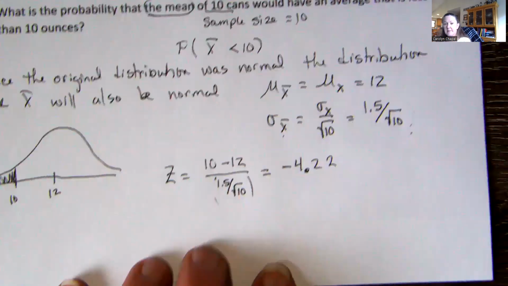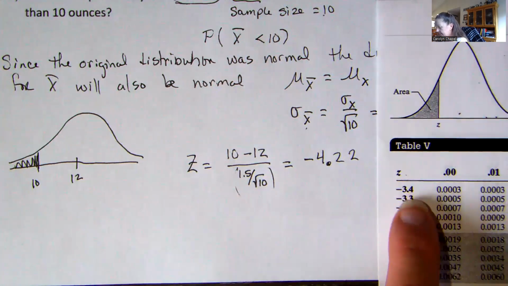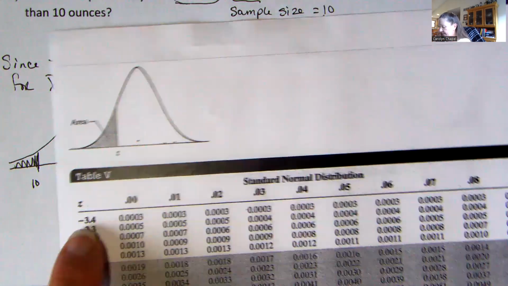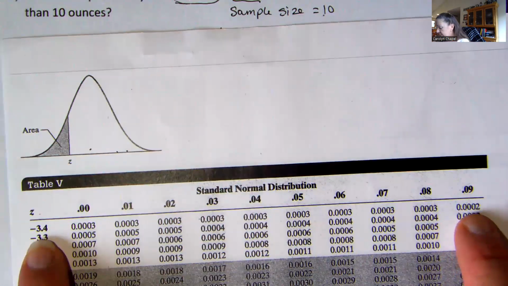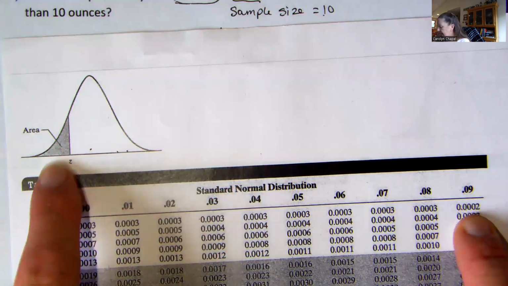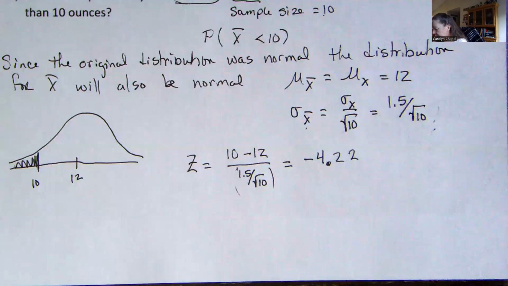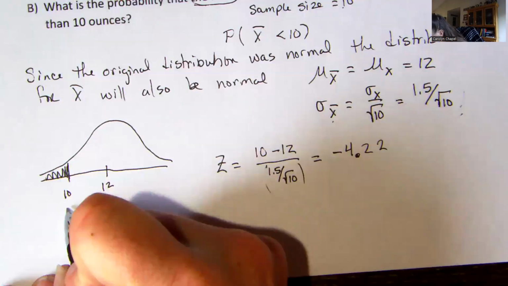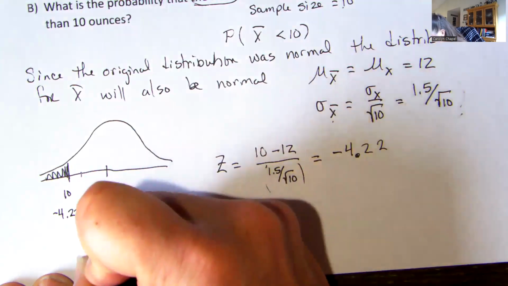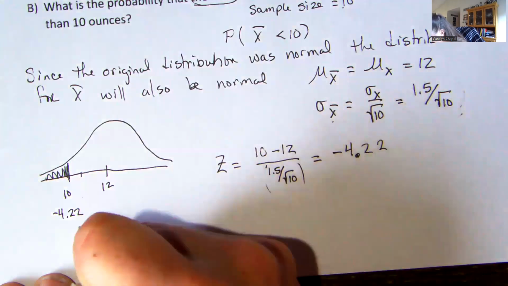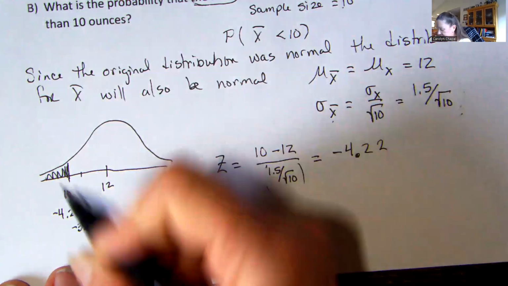All right. Now, if I look at my table, it doesn't go that far. But the smallest number I have is a negative 3.49, and that's the area to this guy. So that's 0.0002. So if this is negative 4.22, and I'm just going to put it on the z scale, a negative 3.49 is going to be on this side of it.